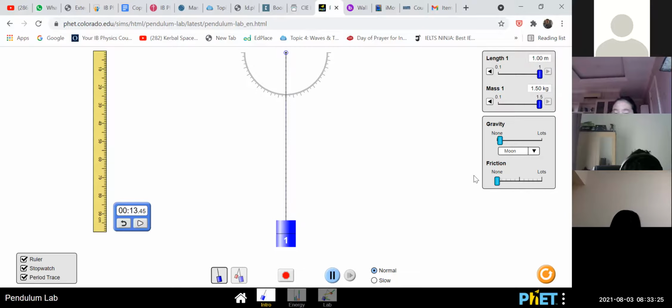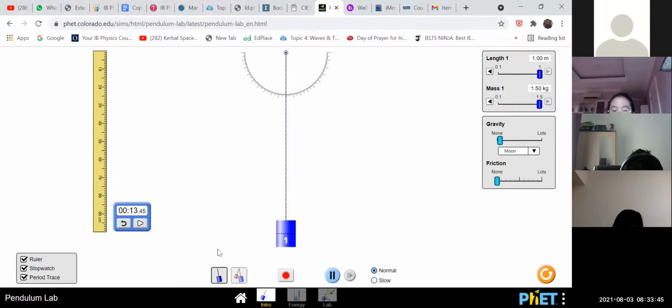On the moon the value of gravity is 1/6 of the value on our planet, which is 9.8 meters per second squared. So on the moon the gravity is less. Let's check whether gravity is affecting the time period of the pendulum or not.